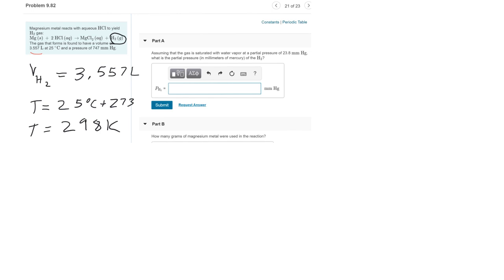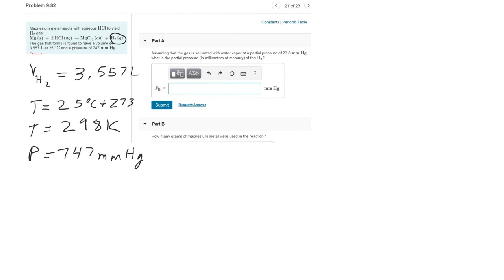Then we've got a pressure of 747 millimeters of mercury. And this is where they're very ambiguous. But they mean for this pressure right here to be the pressure total.